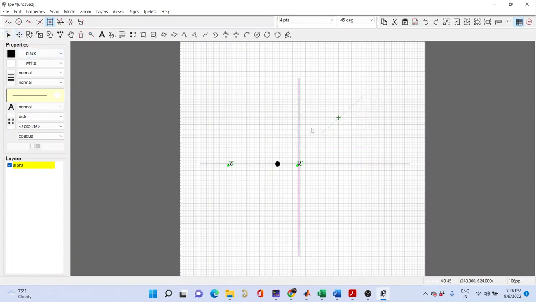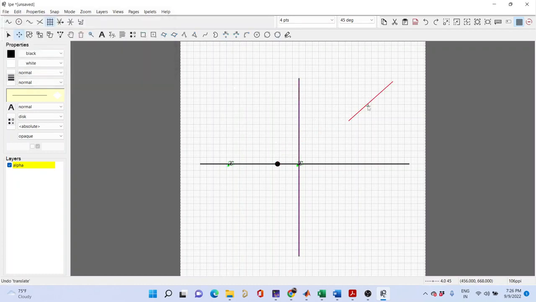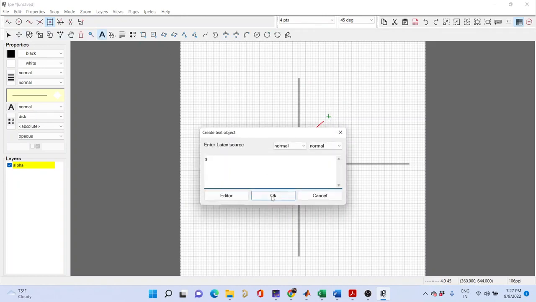Anyway, so this is a vector. This point over here is s.